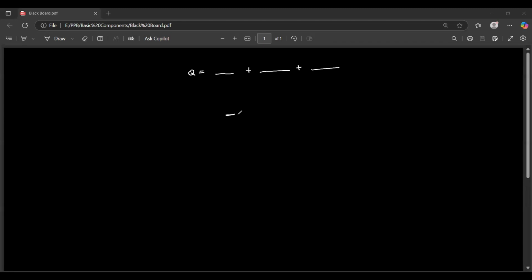Okay, so why is SOP important? Well, this is important in 2 ways. One way is when we are using min terms to find the output of a truth table.